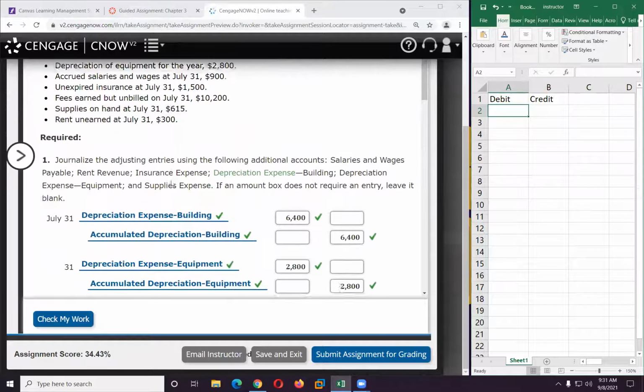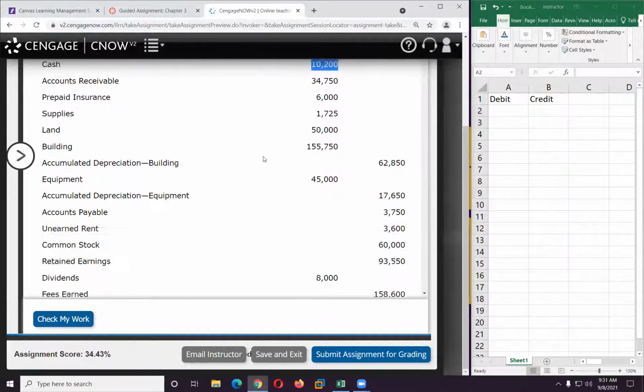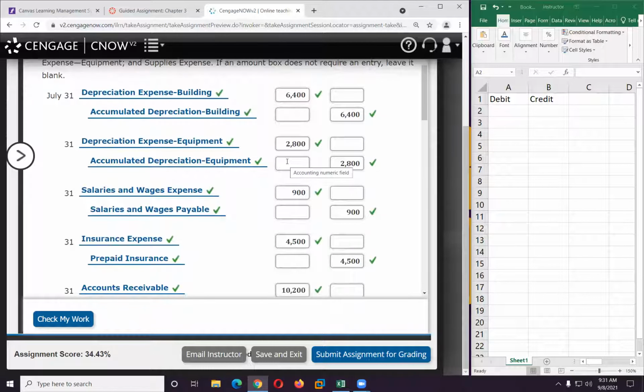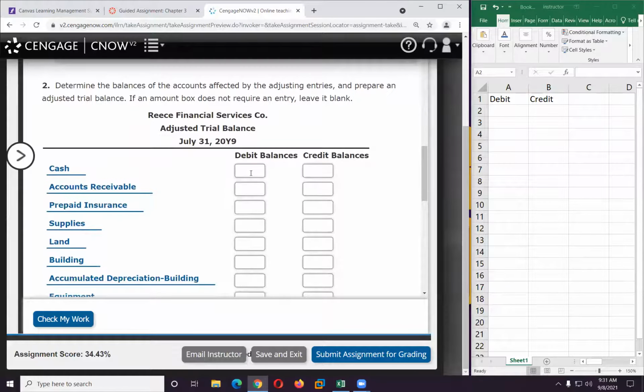I scroll all the way up to the unadjusted trial balance. Cash had a debit balance of 10,200. Then I'll scroll down to my adjustments and ask, did I ever impact cash? As I've told you before, there's never cash in adjusting entries, so the answer is no. The adjusted balance of cash is 10,200.